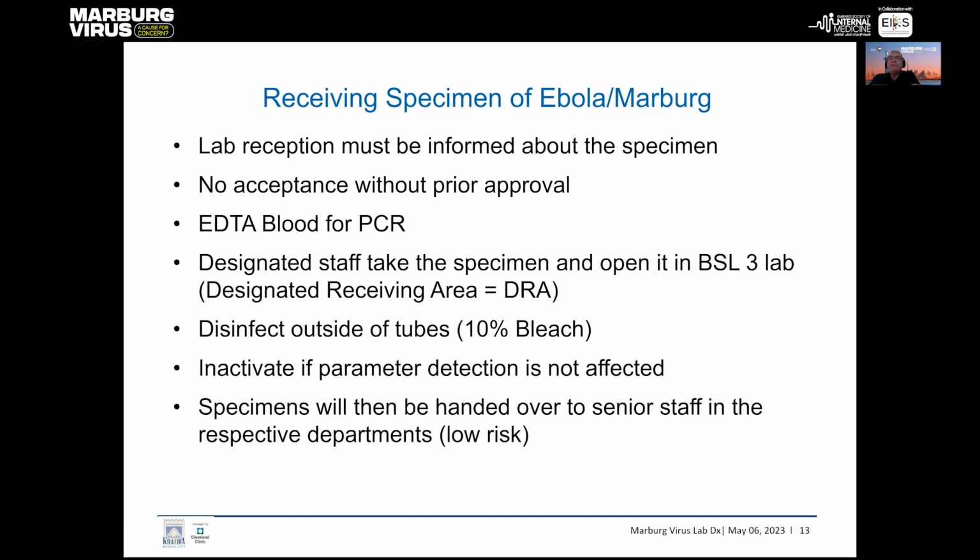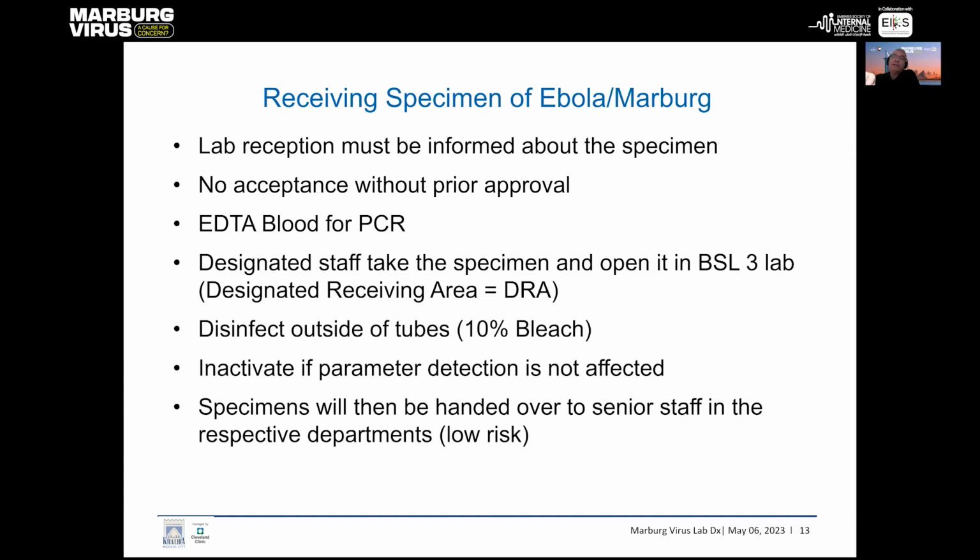But if you have samples where you want to perform routine chemistry or coagulation, inactivation, especially heat inactivation, can influence these samples. In other words, these samples remain highly infectious if you want to do some meaningful investigations with them. So that is an important fact to have in mind.